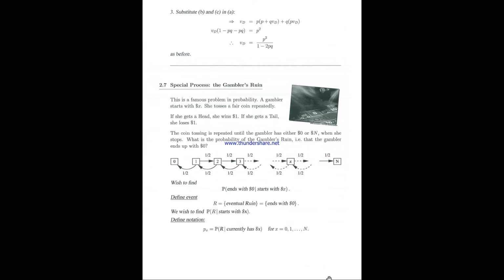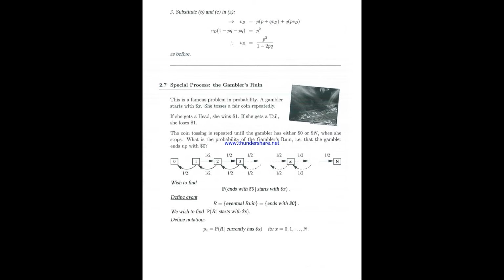We want to calculate the probability of ruin. We take that event as R, and the current amount that you have in your hand is a random variable. You can start with 0 amount in your hand, you can start with $1, $2, right? So it depends.